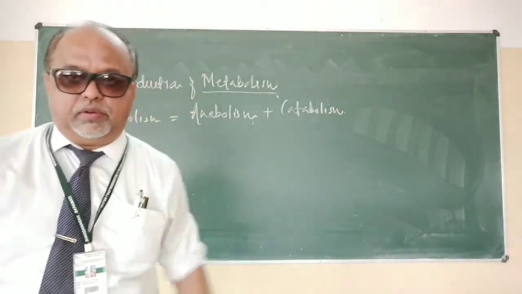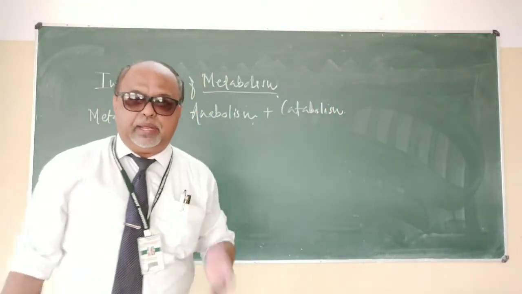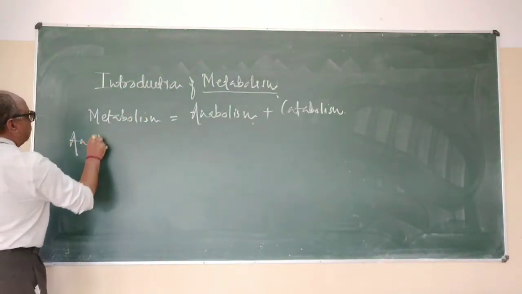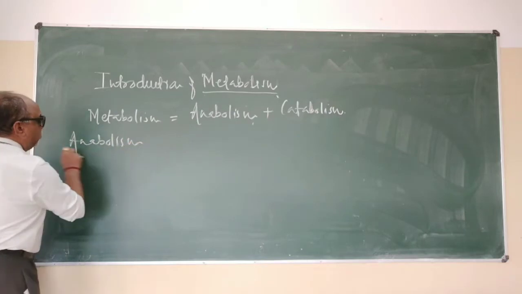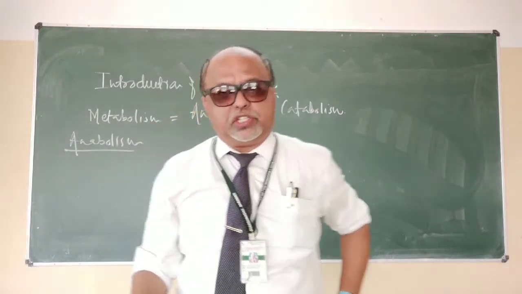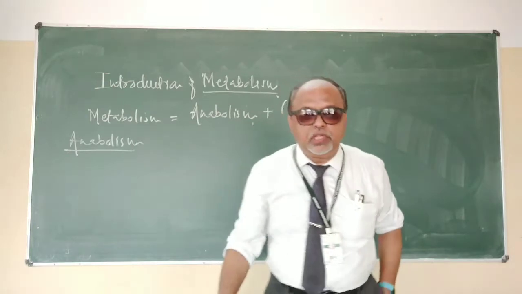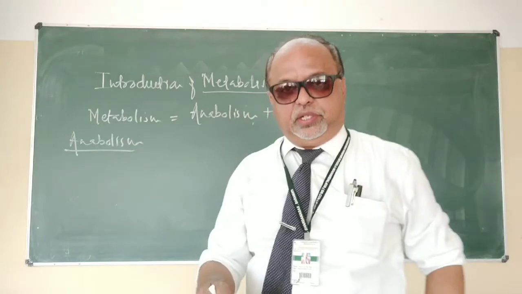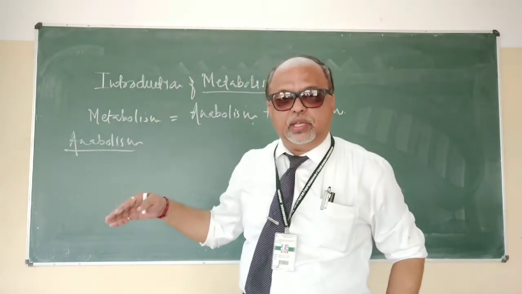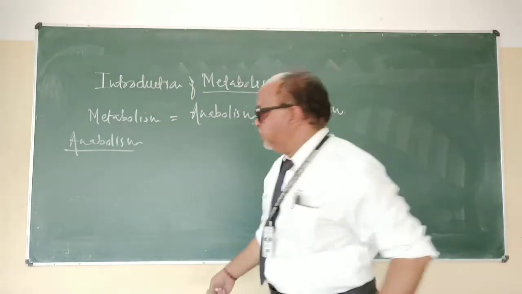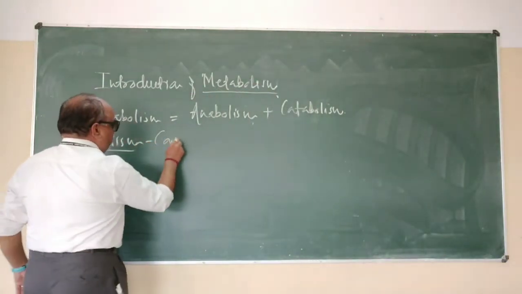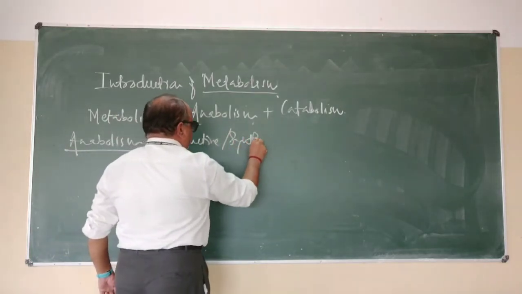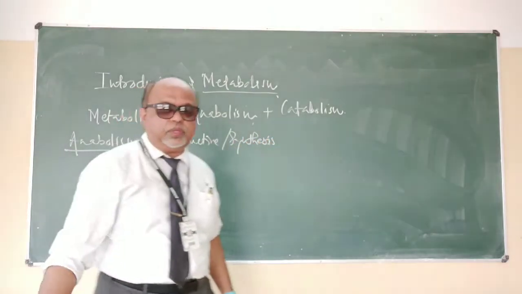Let us try to understand what is meant by anabolism and what is meant by catabolism. Anabolism is the constructive process. That means something is synthesized inside the cell during the anabolic reaction, so we can say it's a constructive synthesis process.